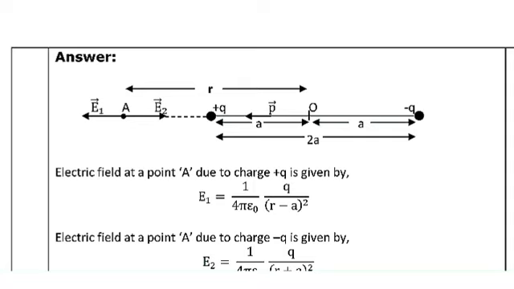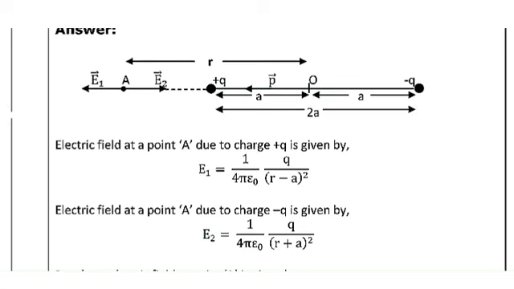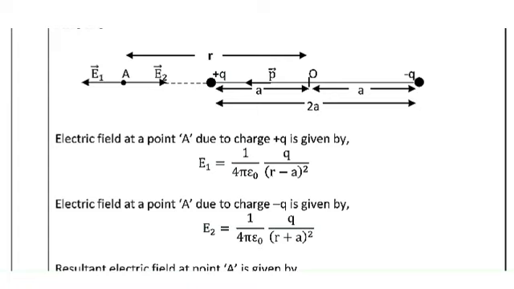I got the first equation as E1 is equal to 1 by 4 pi epsilon naught Q by (r minus a) whole square. Here the distance is r minus a, since below I mentioned the dipole length as 2a, so half is a on each side from 0.